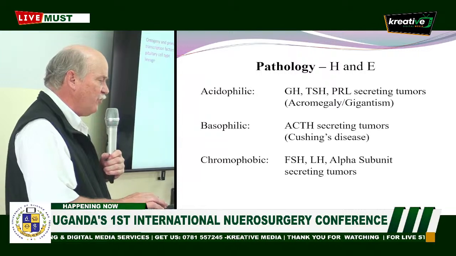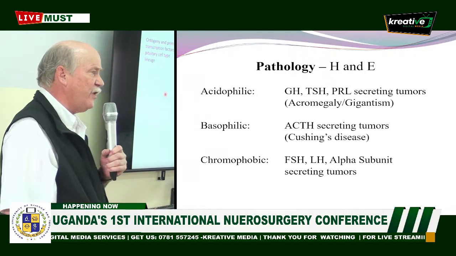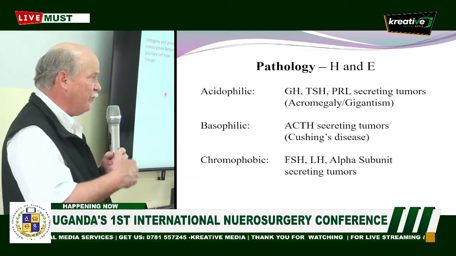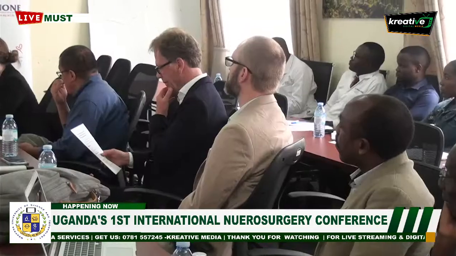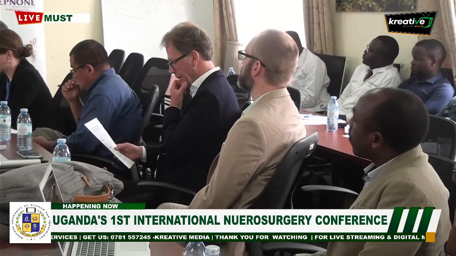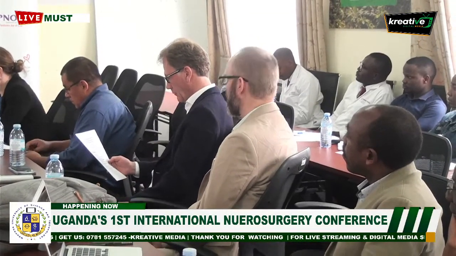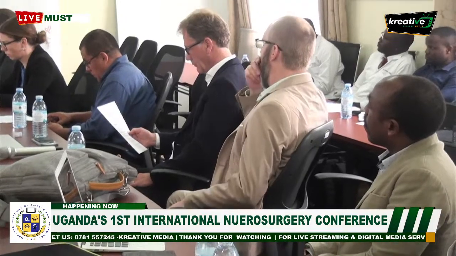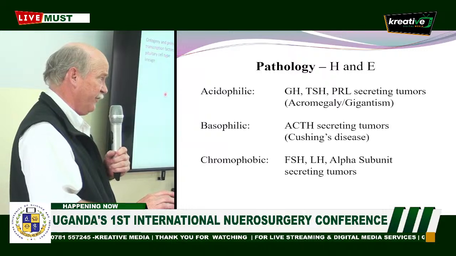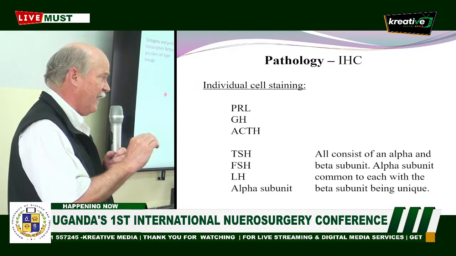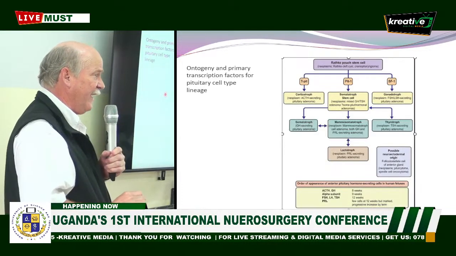And then most recently, we now stain for transcription factors. And these are even more reliable. They're kind of a precursor to development of the actual growth hormone secretion. So for acromegaly, you always want to stain for the PIT1 transcription factor, and that'll essentially tell you that this is a growth hormone secreting tumor. Occasionally we'll have a tumor that doesn't stain for growth hormone, but it stains for PIT1, and so you know that it's in that class of tumors.